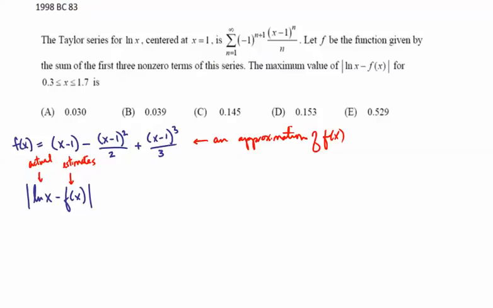We can use error bounds, either with the alternating series remainder theorem or the Taylor series remainder theorem. But in this case we have a graphing calculator, and we can actually graph the difference of these two functions and see on a given interval where the difference will be a maximum. And that's what we're going to do here.